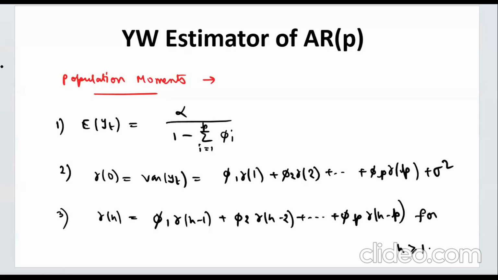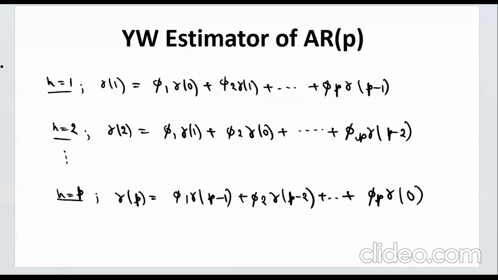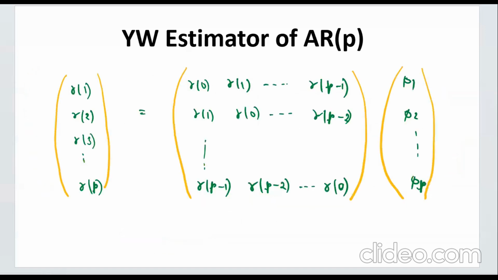Now what you can do is use this autocovariance function and vary the value of h. So for h equals 1, this will be the value. For h equals 2, this will be the value. And for h equals p in general, this will be the value. Now once you have that, you can write it in a matrix form. You can convert this entire expression into a matrix form that I have already done for you.